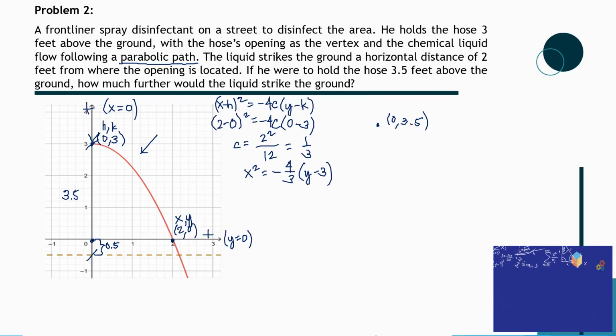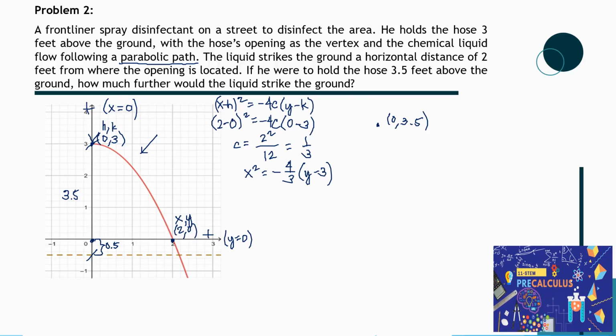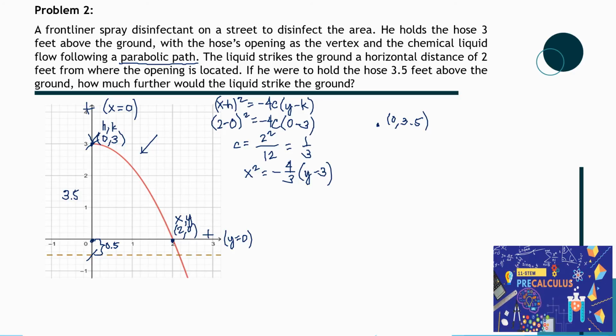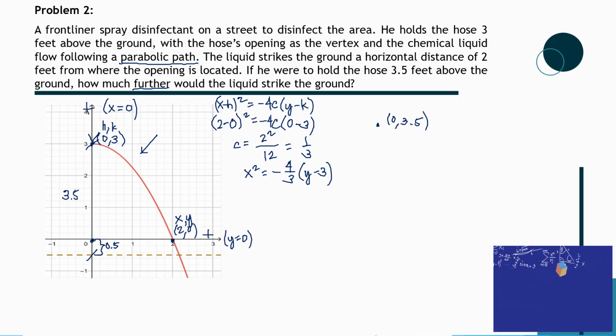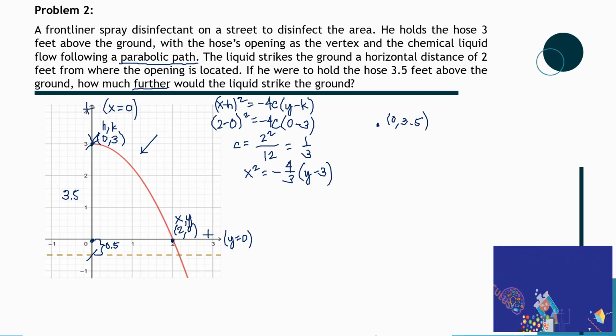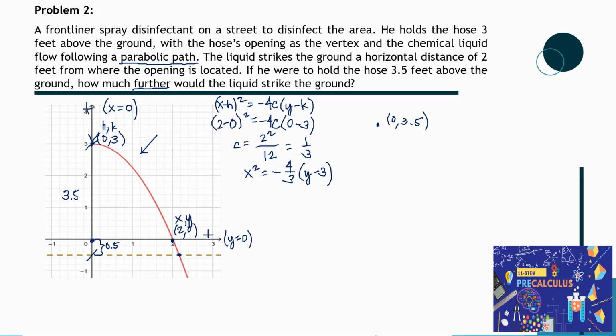So what's being asked here in the problem is the additional, or from the word further, the added distance that it will cover by increasing the height by 0.5 feet. So we need to consider this 0.5 here, where the liquid strikes the ground with y equal to −0.5 and a known value of x.